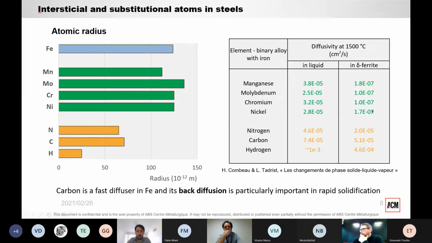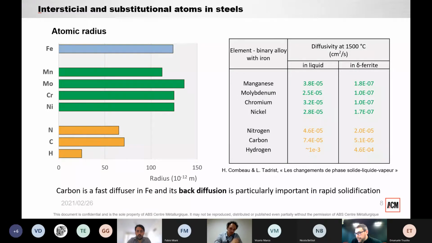At this temperature, carbon and nitrogen are really higher than the substitutional atoms. So you see here, it is 100 times more or less in terms of order of magnitude. So carbon is a fast diffuser.